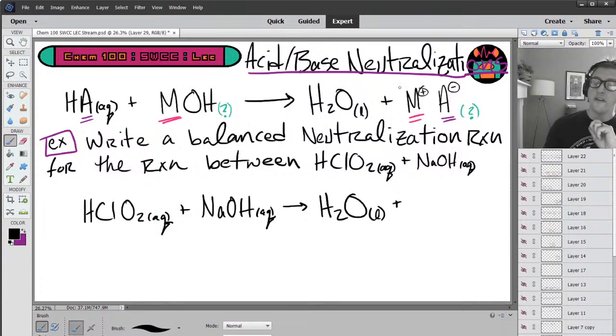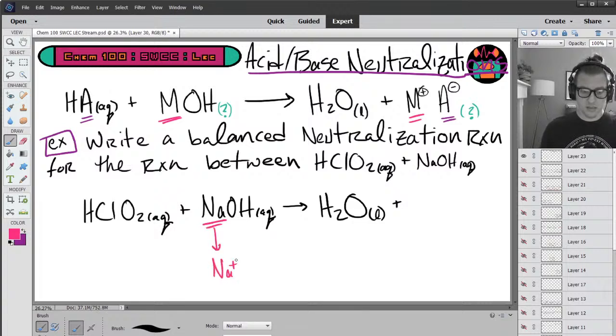Next, we've got to figure out this metal hydroxide part. Now the metal is sodium. So sodium metal is Na with a positive charge, right? Now, what about A minus? The conjugate base is the chunk of the acid after it donates away its proton.